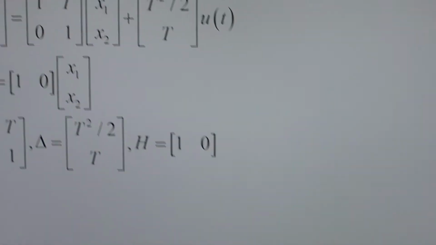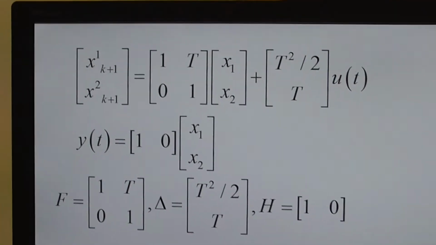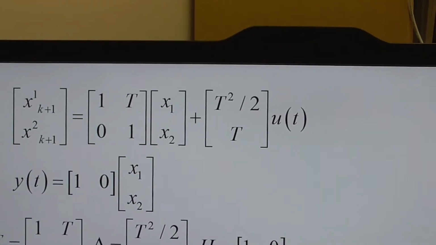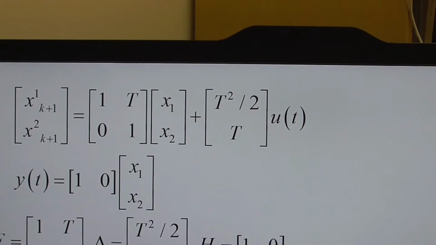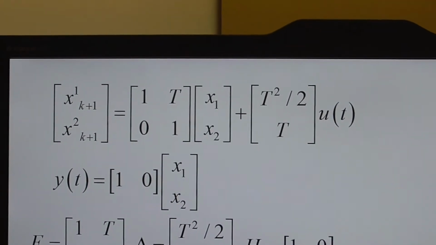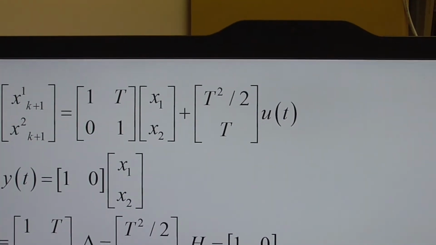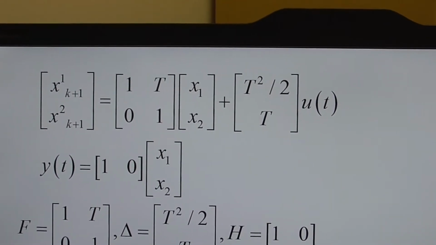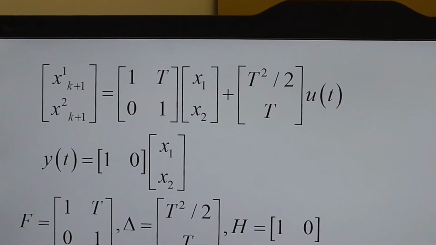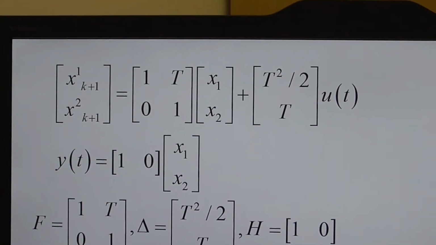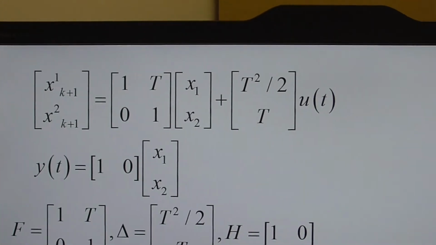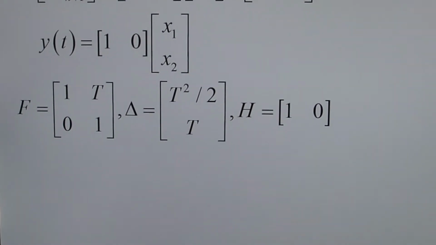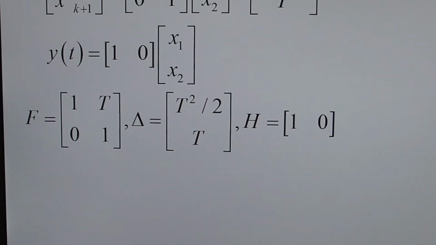You can also do it manually, and when you do it manually, integrating term by term using Laplace transforms, you come up with this interesting description here, which is the discrete time version. x(k+1) is the vector with elements x1 and x2, matrix 1, T, 0, 1, and you've got this T squared over 2 and T, and so on. So that's the discrete version.